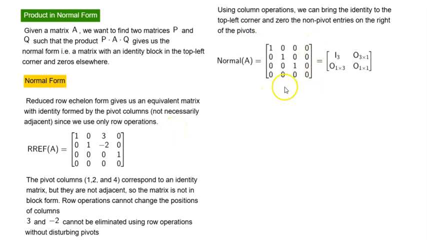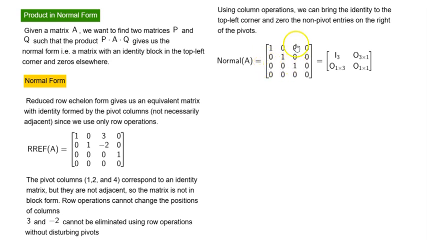So when we carry out the necessary column operations, basically interchanging column 3 and column 4 and doing some additional operations, making 3 and minus 2 zero, we end up with this, which is in a perfect block form.